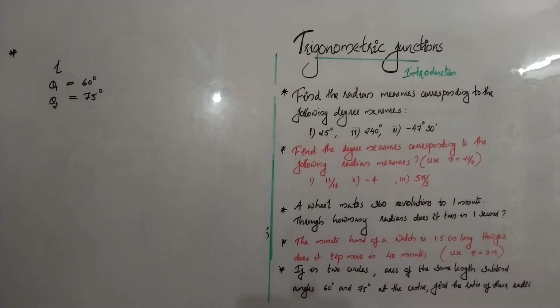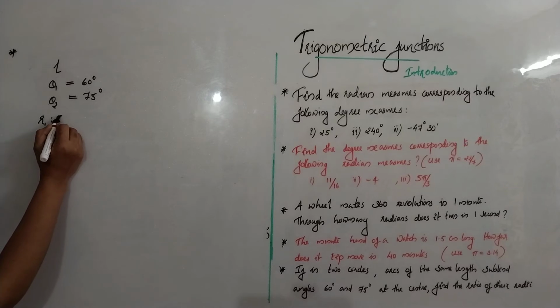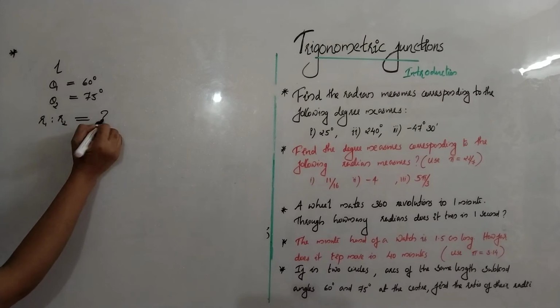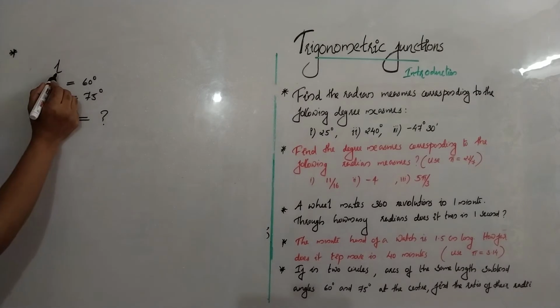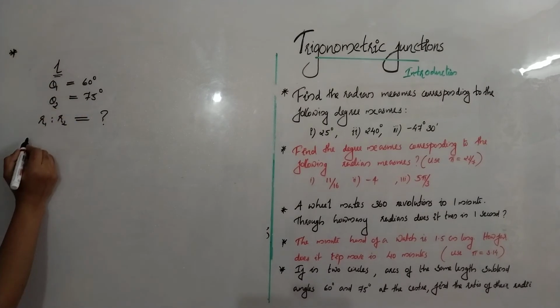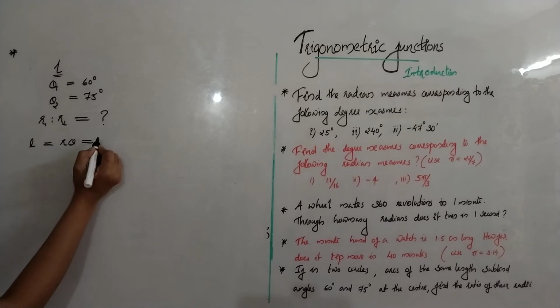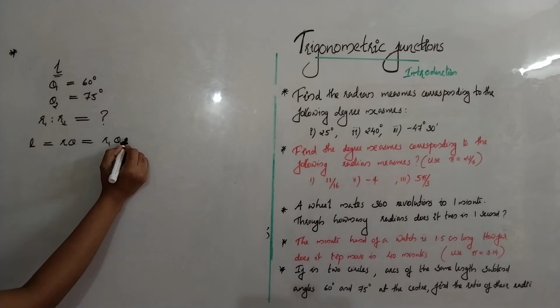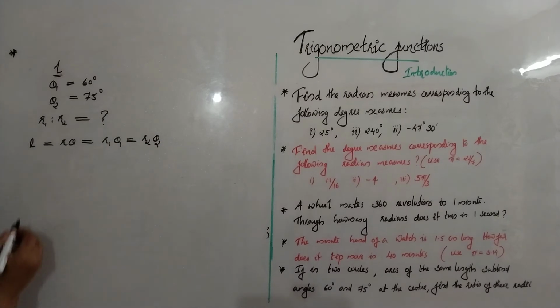Find the ratio of their radii, that is R1 is to R2. Here the arc length is the same for the 2 circles, means arc length L is equal to R into theta, is equal to R1 into theta 1 for the first circle and R2 into theta 2 for the second circle.